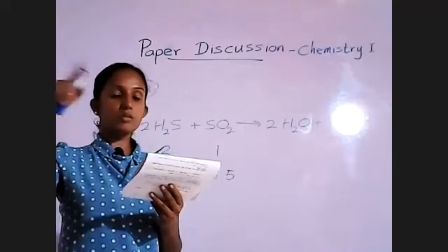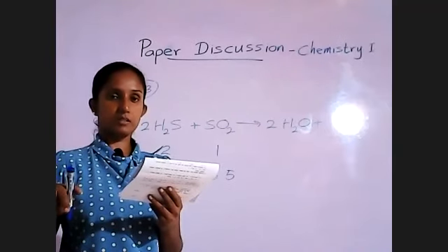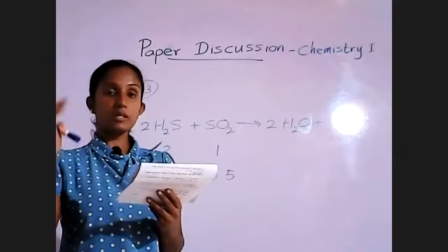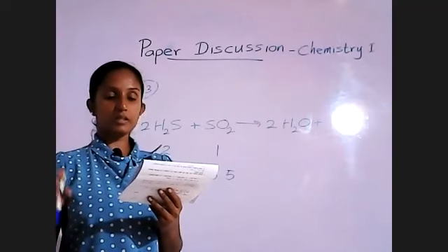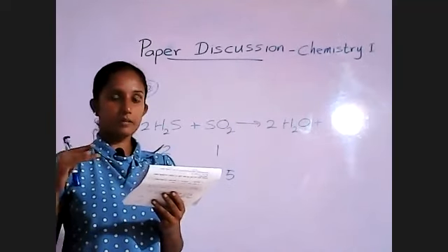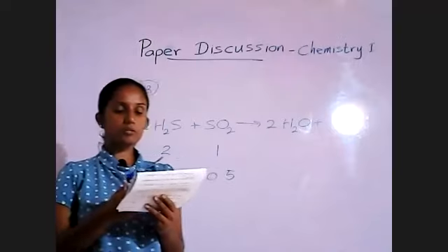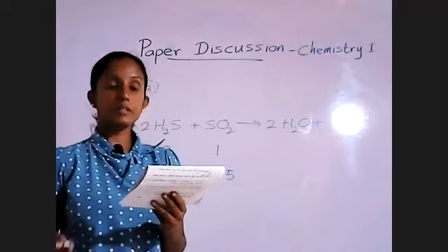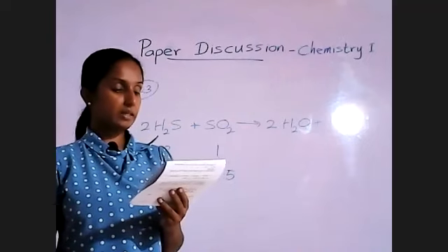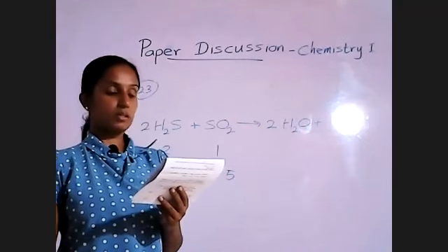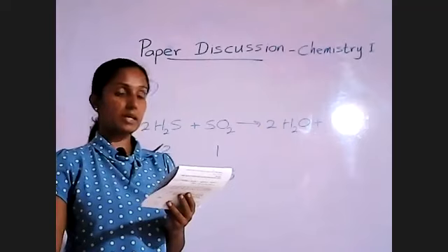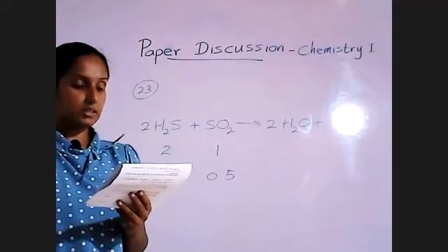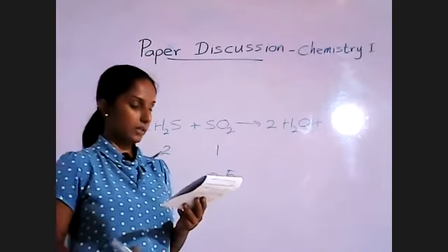There are four bonds with four hydrogen atoms, so Z should be carbon. X should be oxygen, Y should be nitrogen, and Z should be carbon. Then what is the answer? The second one: oxygen, nitrogen, and carbon.